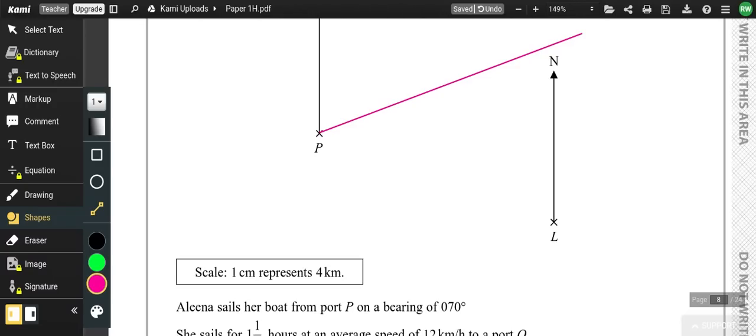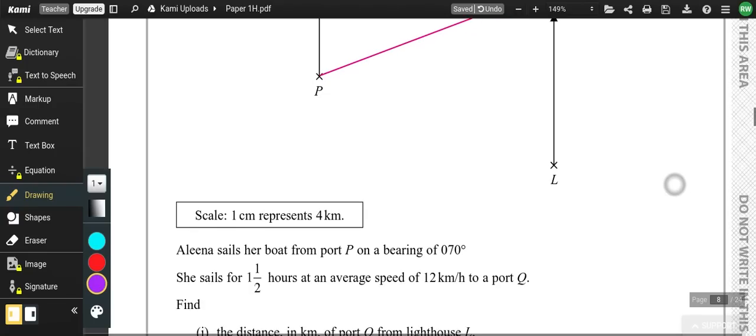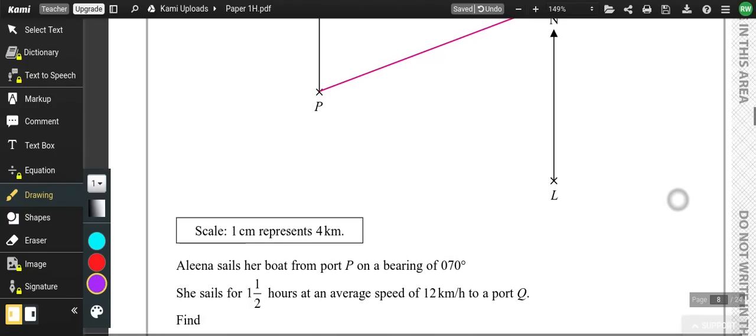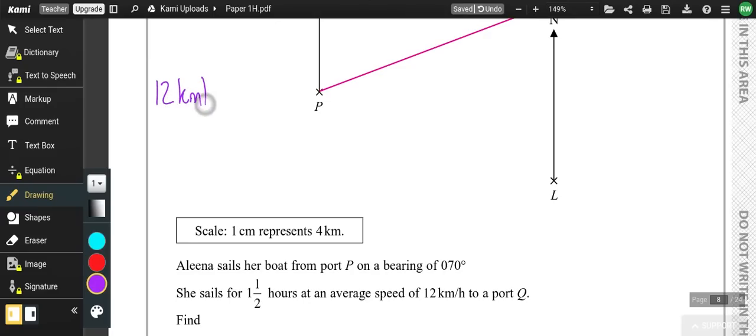And she sails for 1.5 hours at 12 kilometers per hour. So 12 kilometers per hour times 1.5 hours gives me, well, half of 12 is 6. So add that on and I get 18 kilometers.